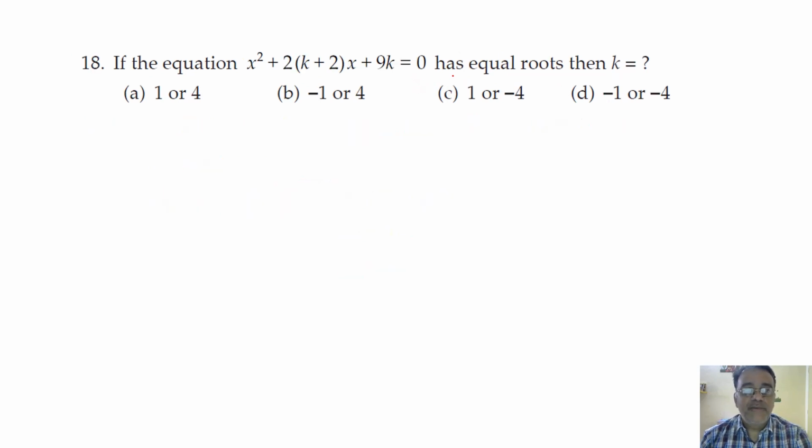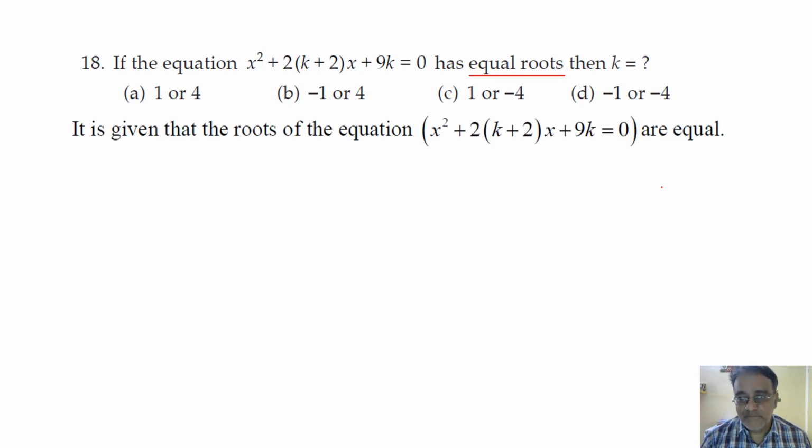So now we are moving towards question number 18. If the equation x square plus 2 times k plus 2 into x plus 9k has equal roots, then k equals dash. So again b square minus 4ac equals 0 because equal roots are given. Now we'll substitute the value of b. What is b here? 2 into k plus 2.